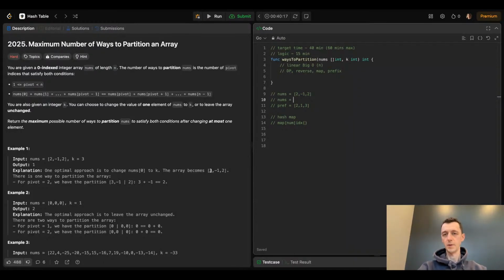If nums is 3, -1 and 2, the prefix will be 3, 2, 4. Right? That will be it.